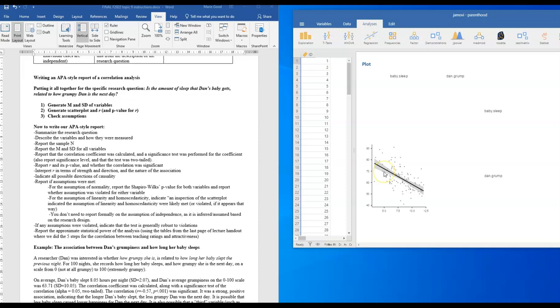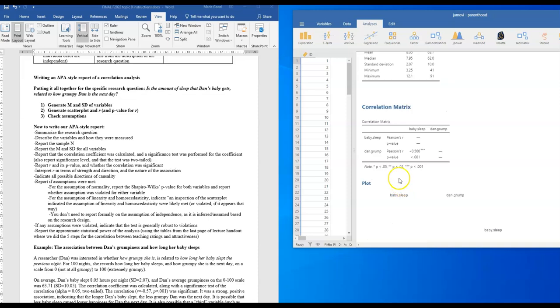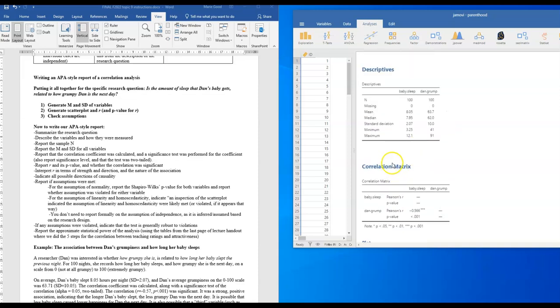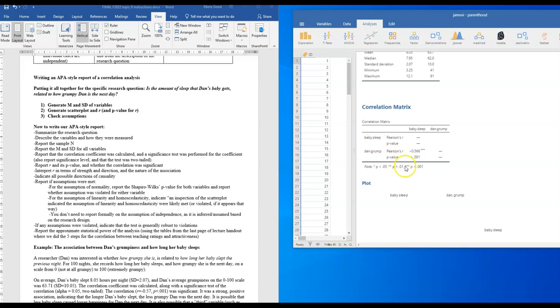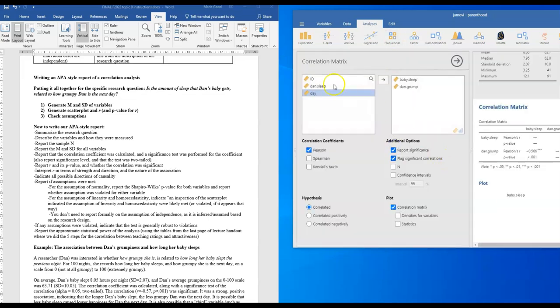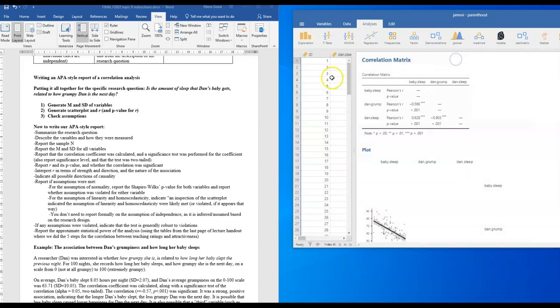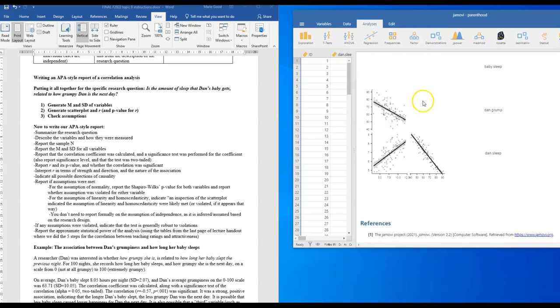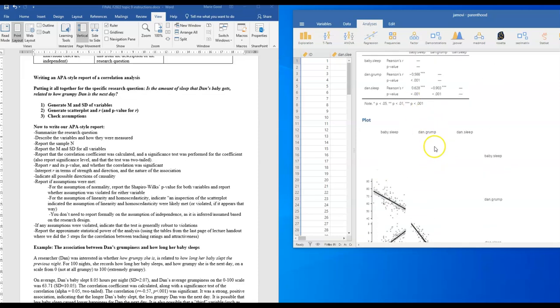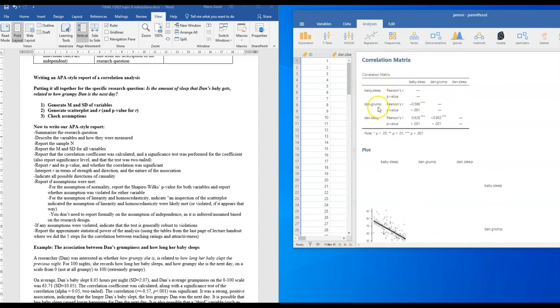But I just want to show you something. Remember how we talked about the relationship between Dan sleep and Dan grump being stronger than the relationship between baby sleep and Dan grump? The relationship between Dan sleep and Dan grump was really strong, right?